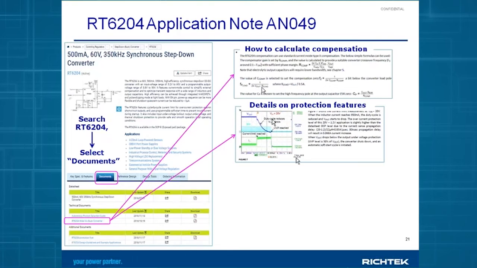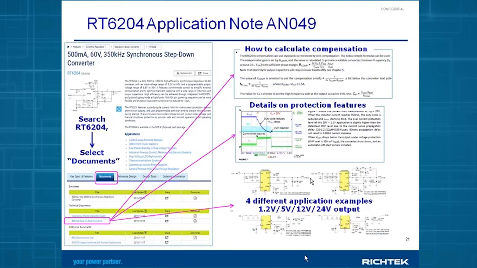I will also go into detail on protection features. So when you do a short circuit protection, how does the IC work? What will be the currents in the components? And finally, we will discuss 4 different application examples from 1.2 volts, 5 volts, 12 volts, and 24 volt output, with all the calculations of the components and also the measurement results for each application.